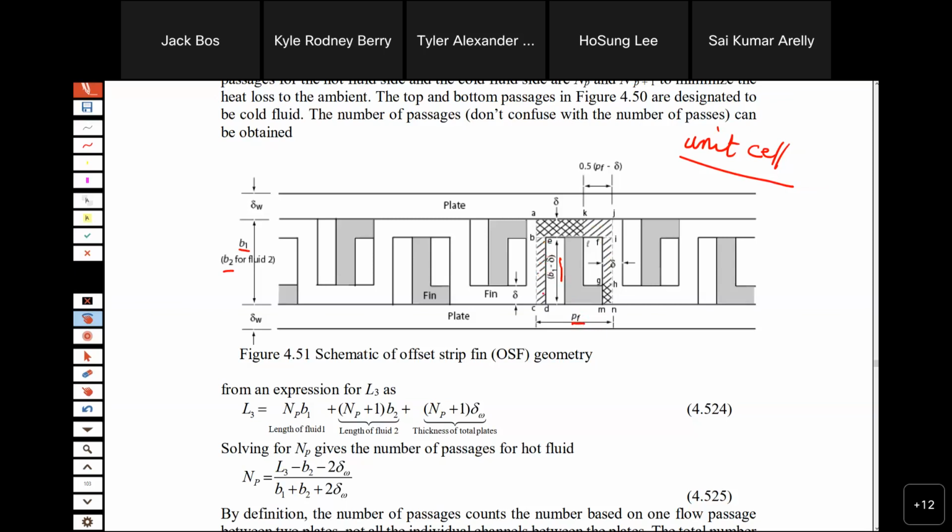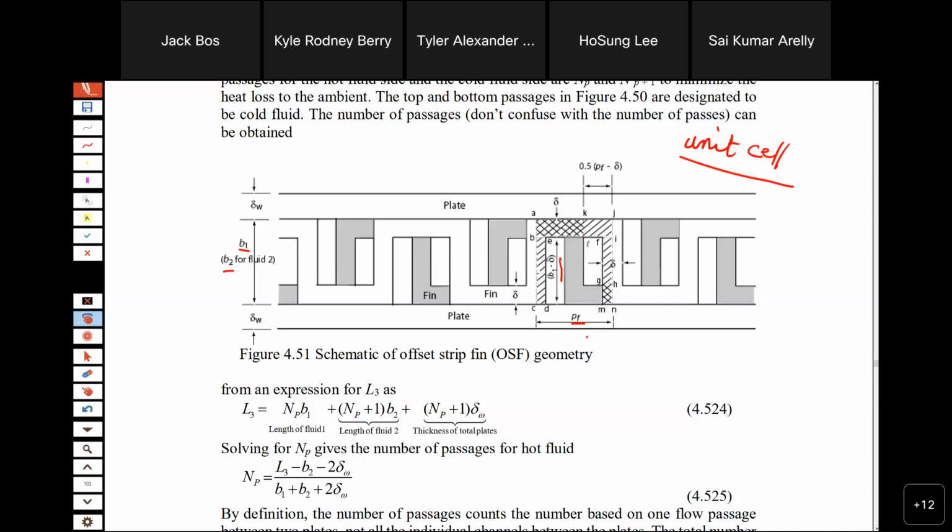The shaded is open, but the cross-shaded is not open, it is closed. If it is not open, we don't consider it as heat transfer area. In order to have heat transfer area, it must be open, so the gas flows and there is a convection heat transfer coefficient.